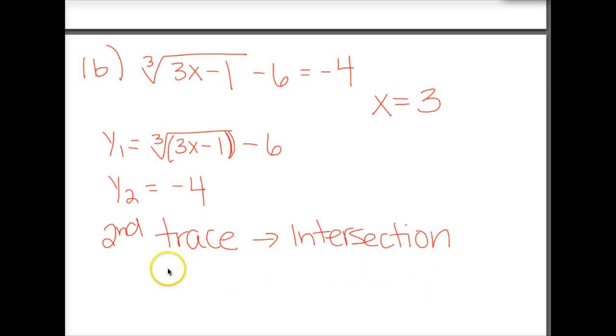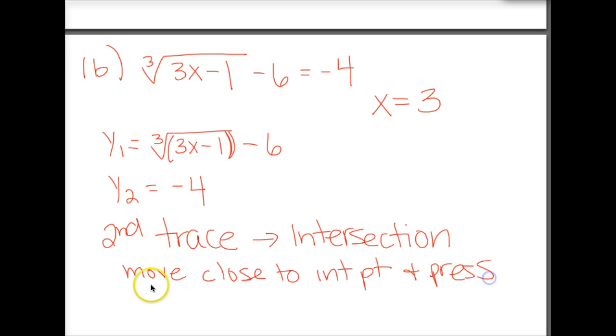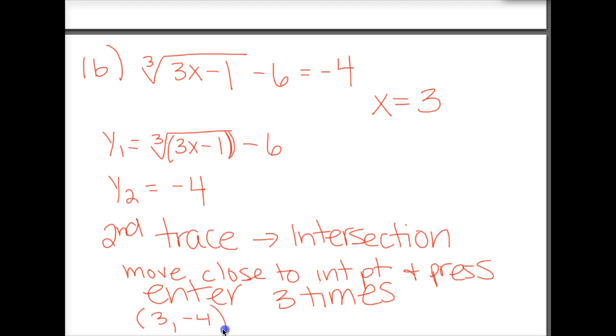When you do that, you need to move your cursor close to the intersection point and press enter 3 times. When you do that, it should say intersection at the bottom, and it tells you x equals 3, y equals negative 4. So the point of intersection is 3, negative 4. Again, the final answer is just the x coordinate. So x equals 3 is the solution.